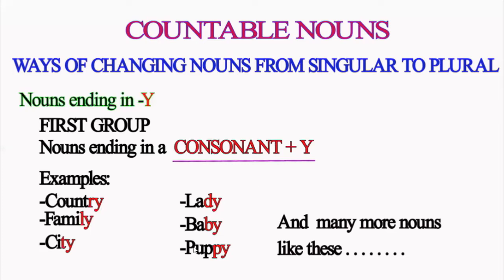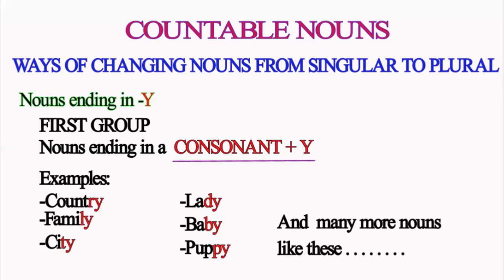When you see the last letter is Y, but before Y there is a consonant, these are the nouns we are talking about, and we are going to see ways of changing these nouns into plural form.